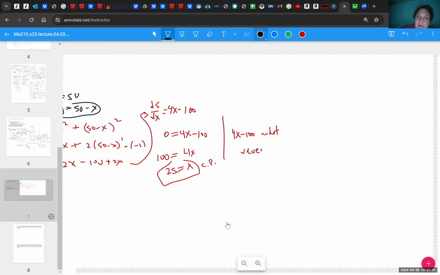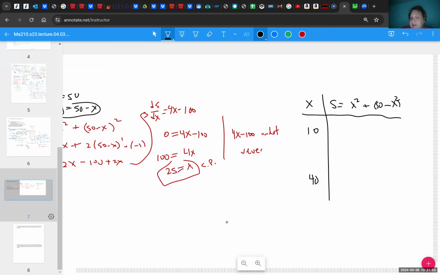So I have my X values and my S values. The S, if I remember correctly, is x squared plus (50 minus x) squared. We have our two endpoints, 10 and 40. Those are the biggest and smallest x could be.